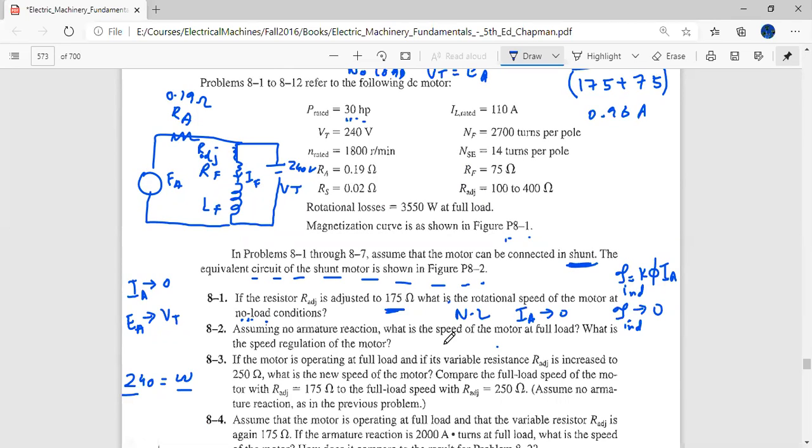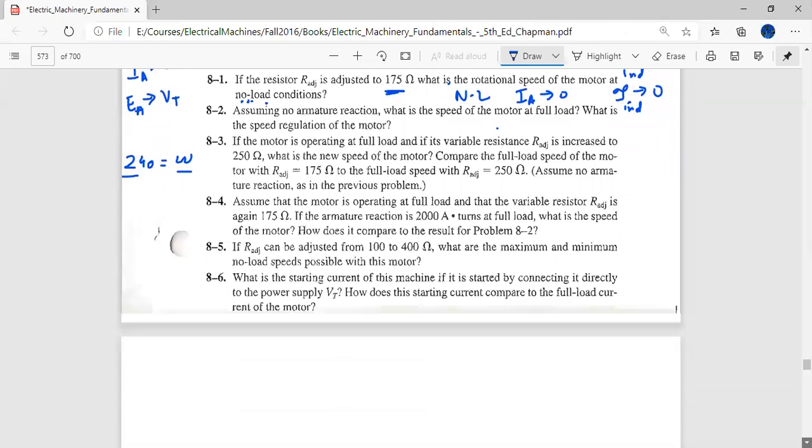So we want to do this for the full load. At full load, they have given us that IL is 110 amperes. What I can find from this IL is that the full load current drawn by the machine is 110 amperes. Let me look over here.